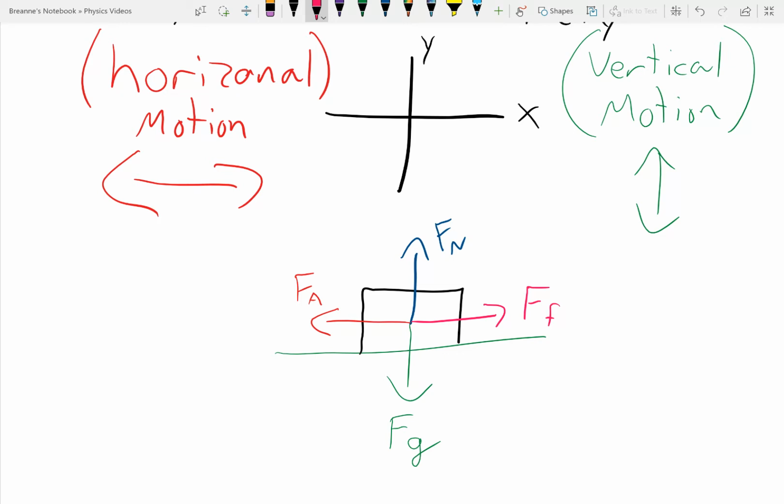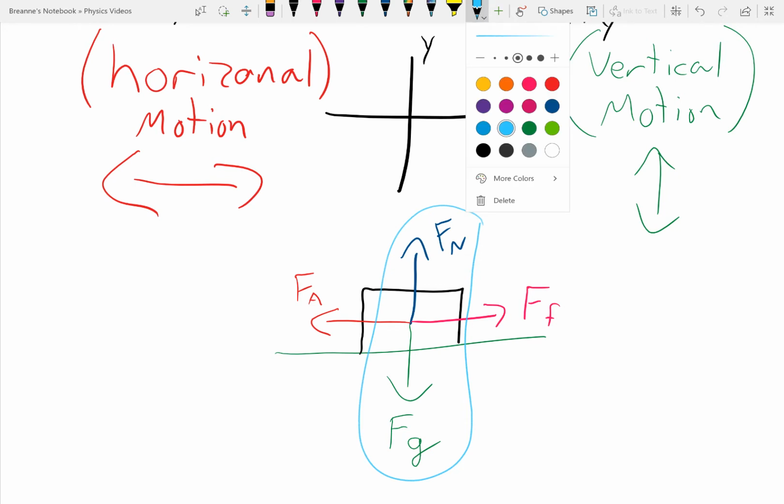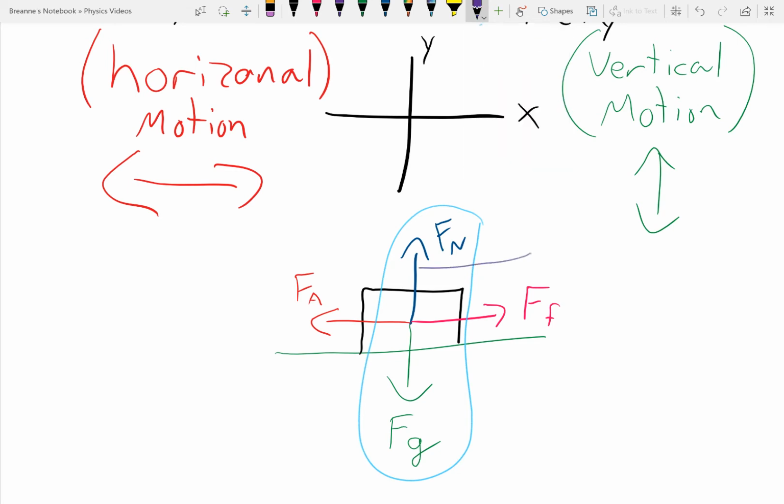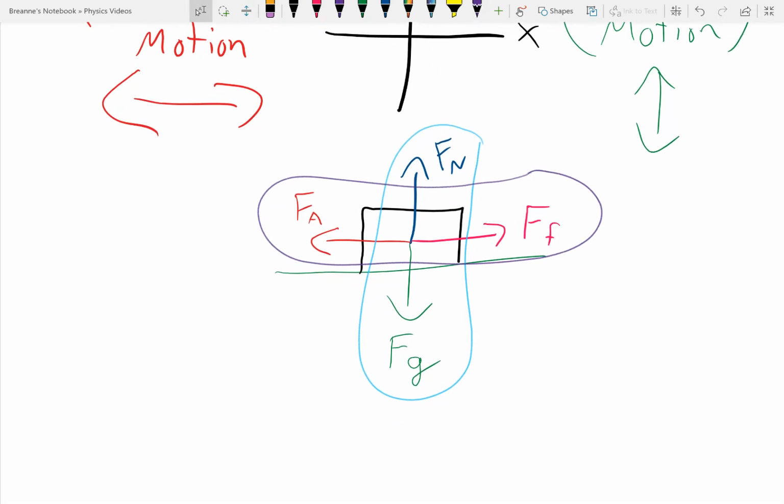Again, you have to think about all the forces in the y direction, and then all the forces in the x direction. So your net force in the x, in this case, would equal your force applied minus your force of friction.